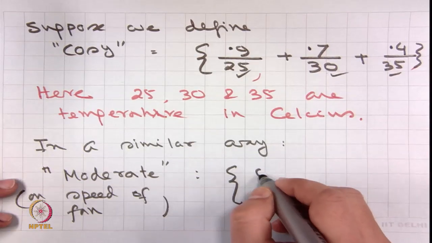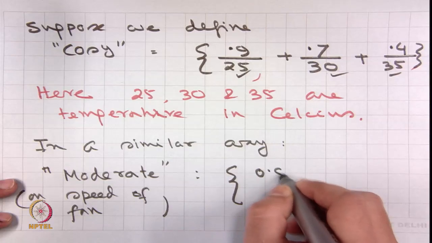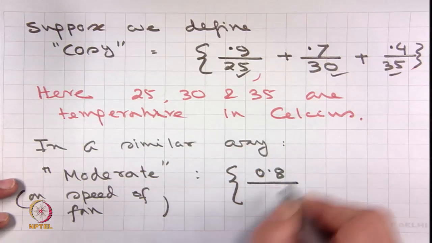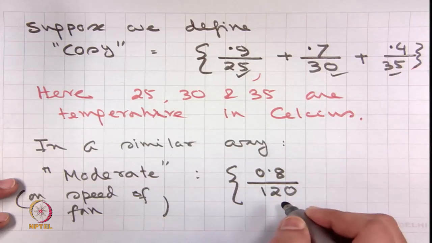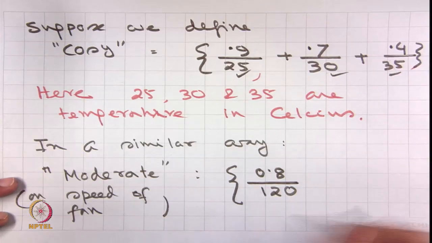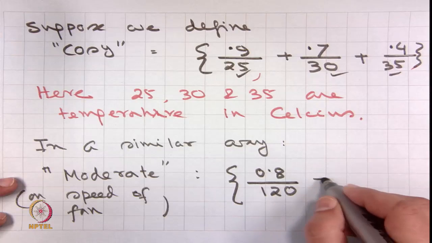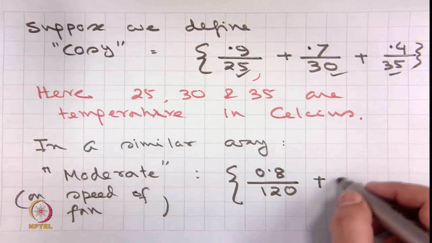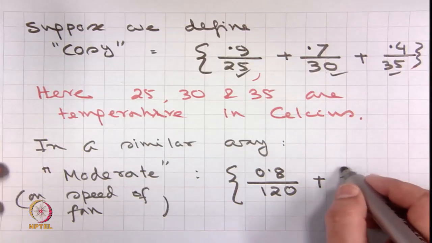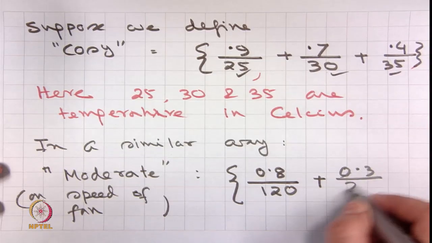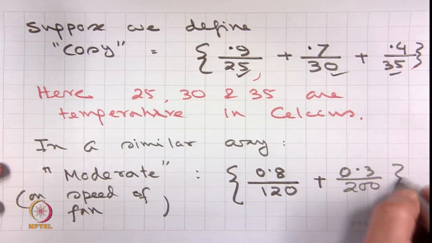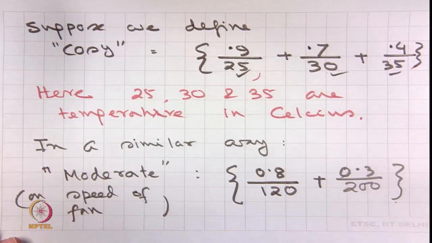It is 0.8 for a speed of 120 revolutions per minute or 0.3 for a speed of 200 revolutions.